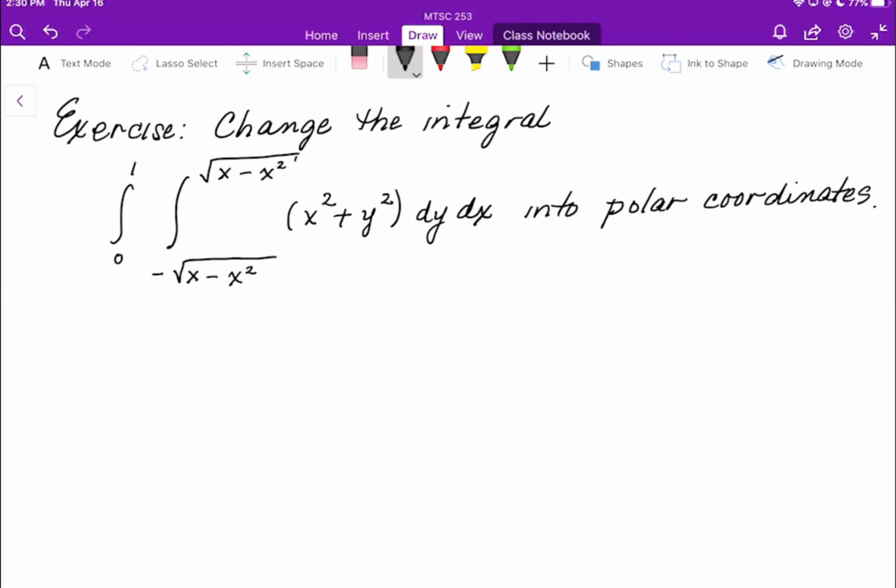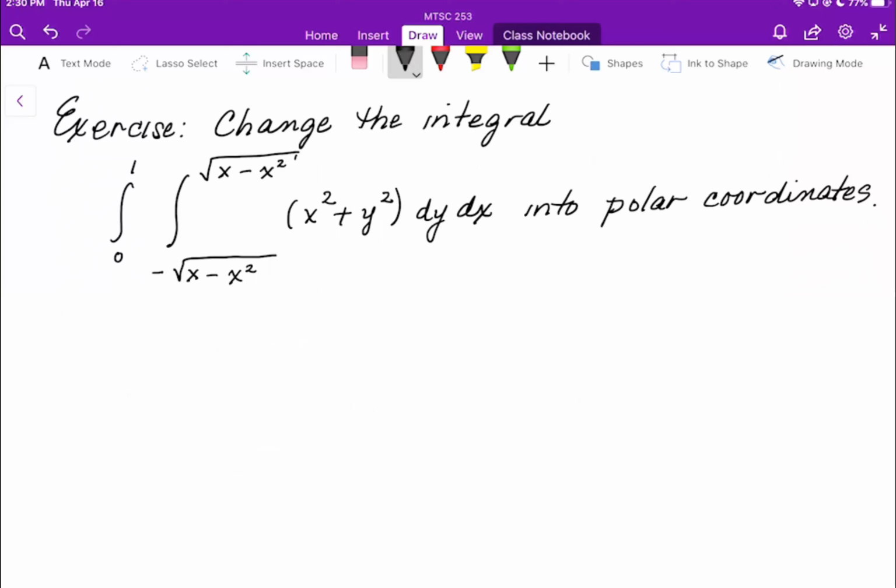Okay, what do I need to do? Okay, how do I find the region? We can start with x, okay?